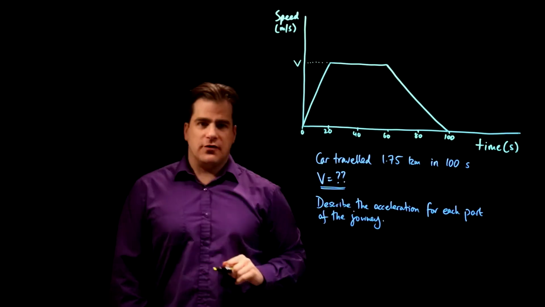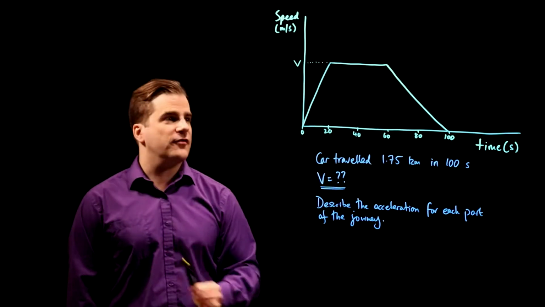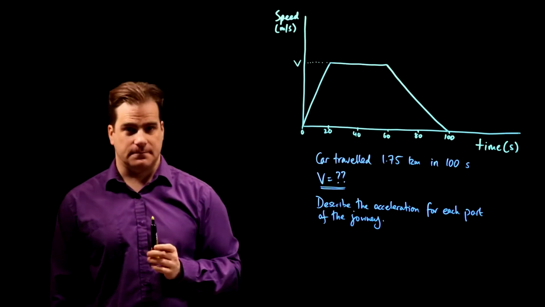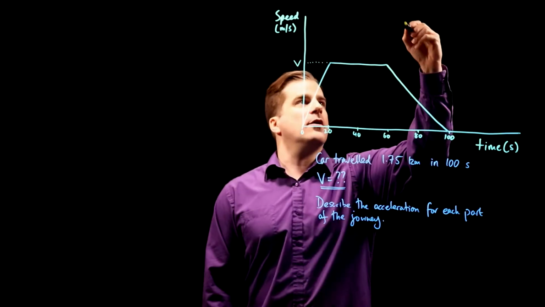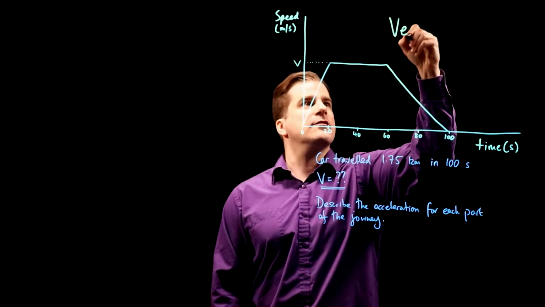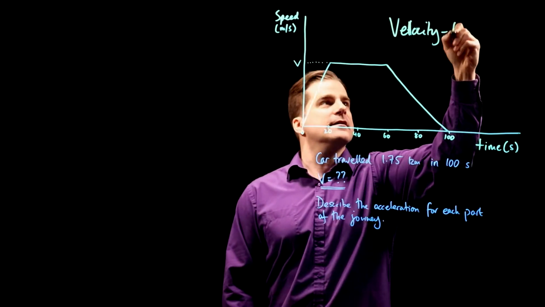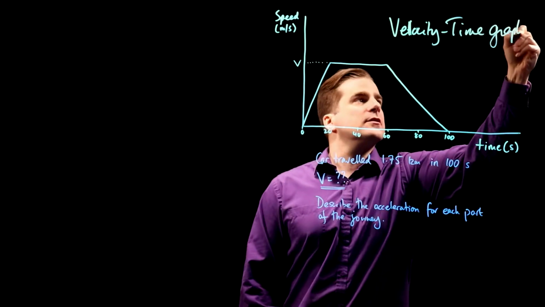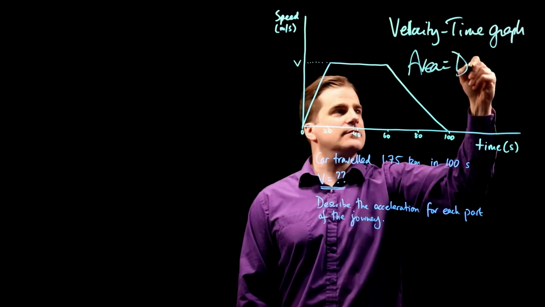The way we're going to solve this is to use the fact that on a velocity time graph, the area under the graph is distance covered. Okay, remember that. On a velocity time graph, area is distance.